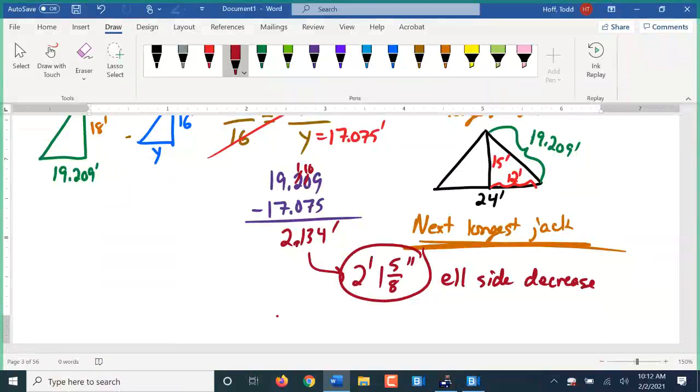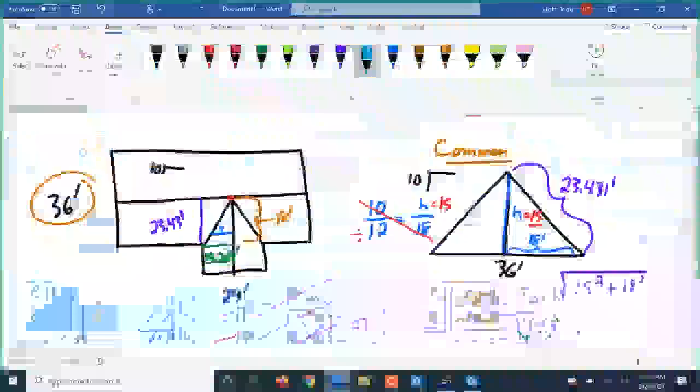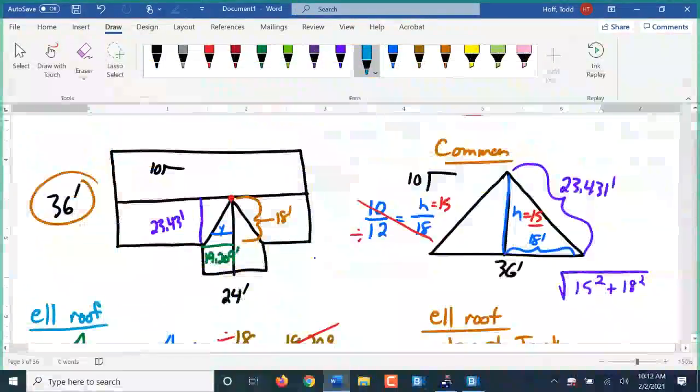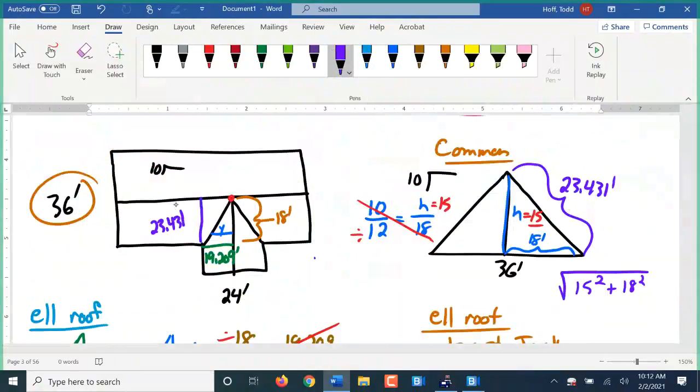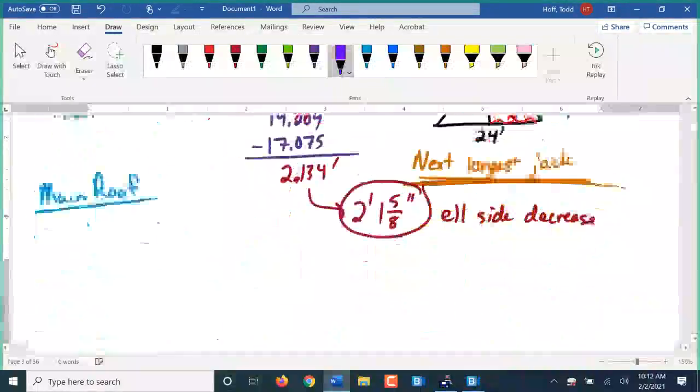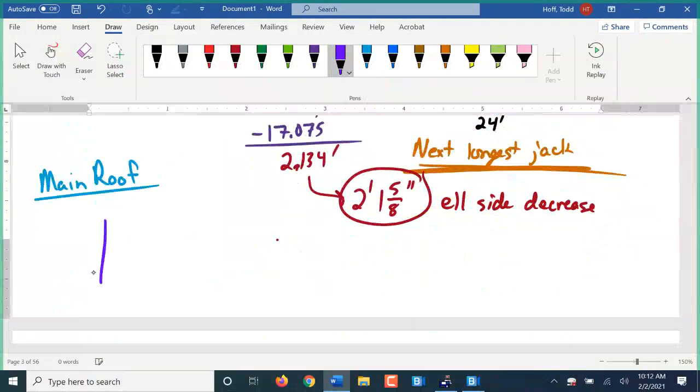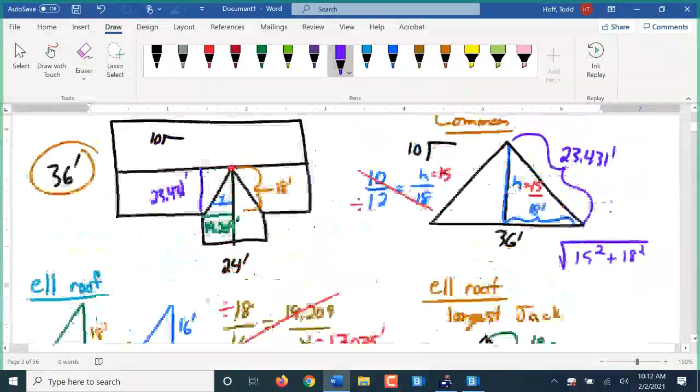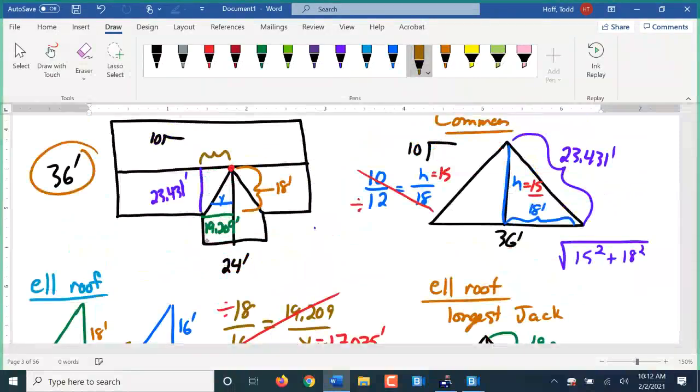We still need to do the main roof side. On the main roof side, we have that 23.431 feet. We need to find this dimension up here. Well, if we look back at our drawing, that dimension there is half of this span. That's going to be 12 feet.